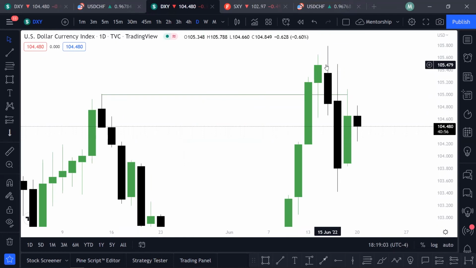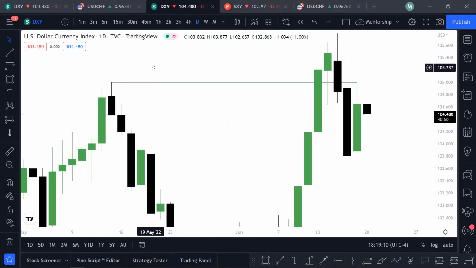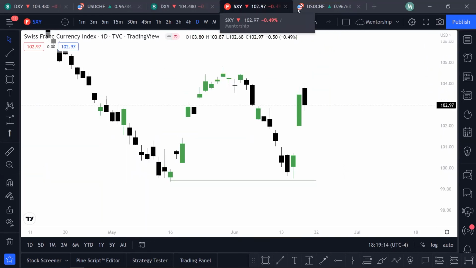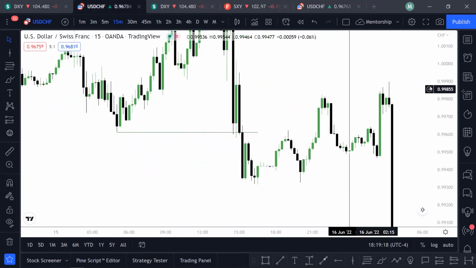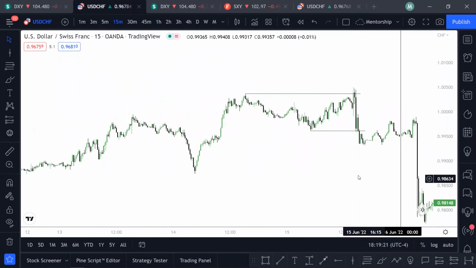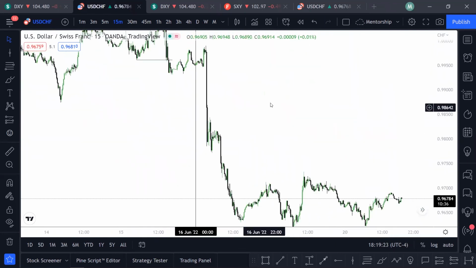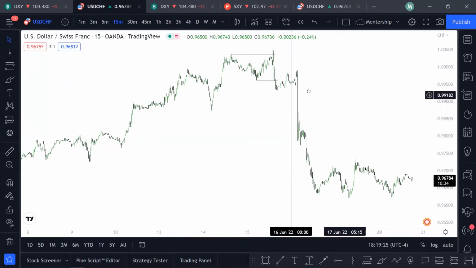How many pips are you taking home this day? On a good day, if both currencies are misbehaving, you're going to have something really nice. You're going to be happy for the rest of your life, maybe.